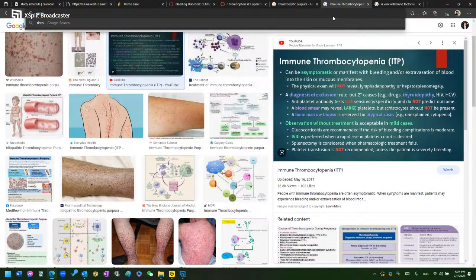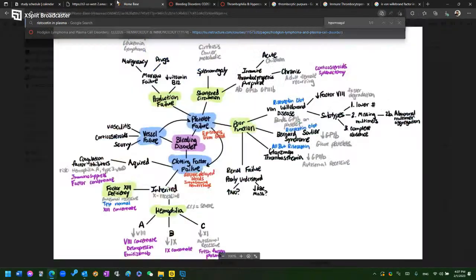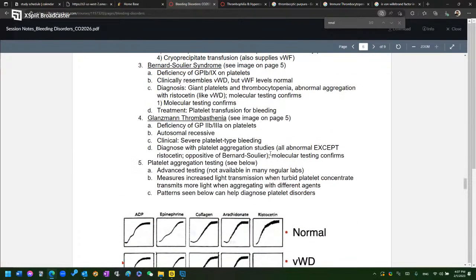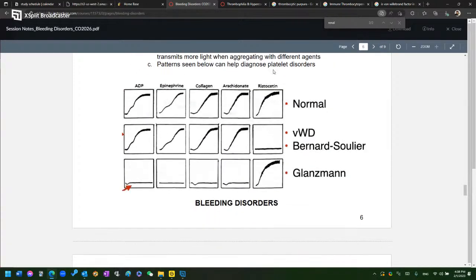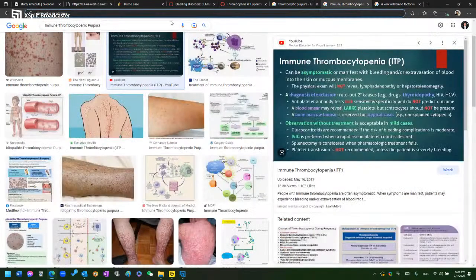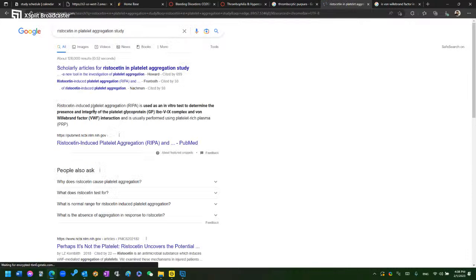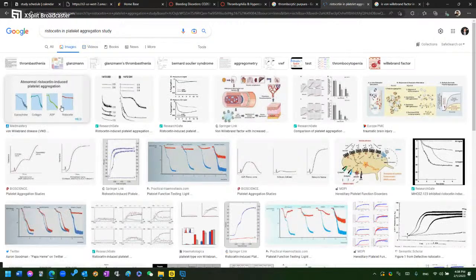So how does that work, right? What is this called? A platelet aggregation study. How does that work? That's what I wanted to know for a while.